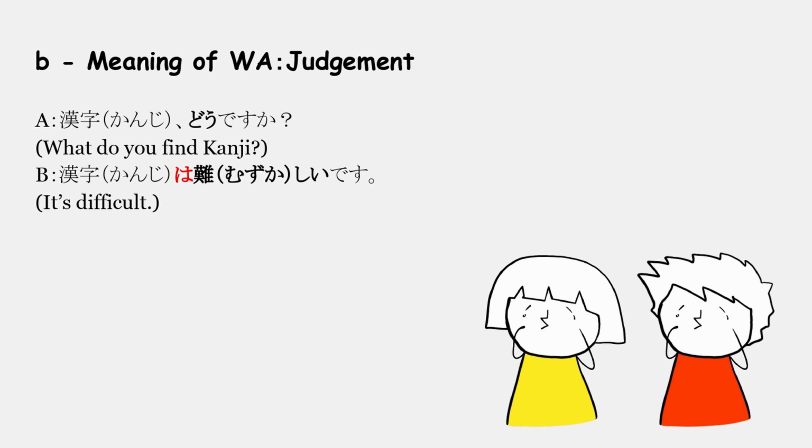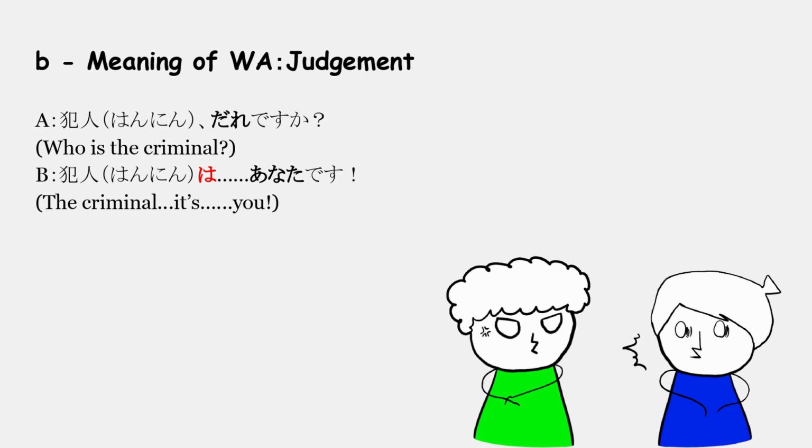For example, 漢字どうですか? 漢字は難しいです。Here, we can also say that 漢字 is easy, but the judgment of person B is difficult. Another example, 犯人誰ですか? 犯人はあなたです。This sentence shows the judgment clearly, no?